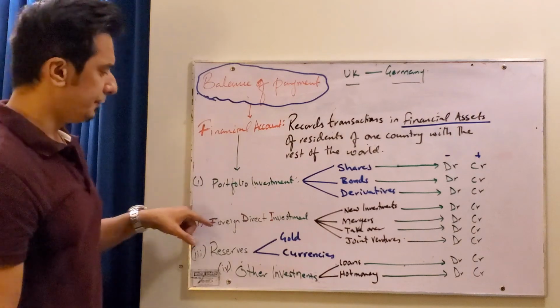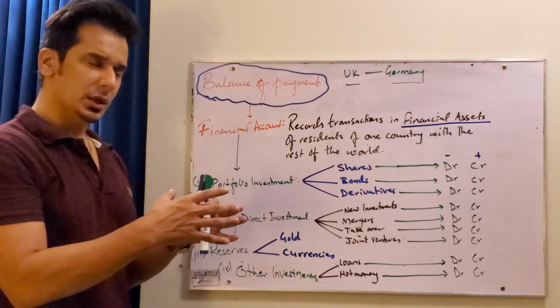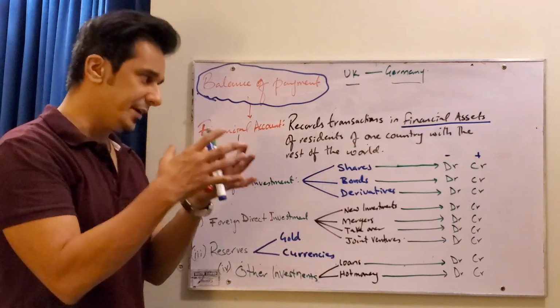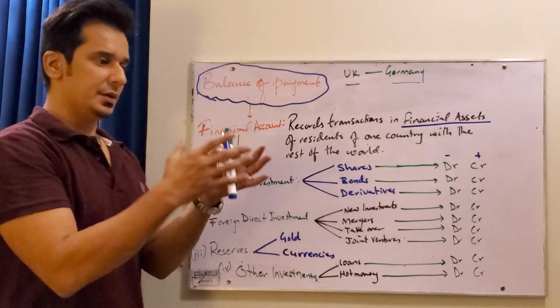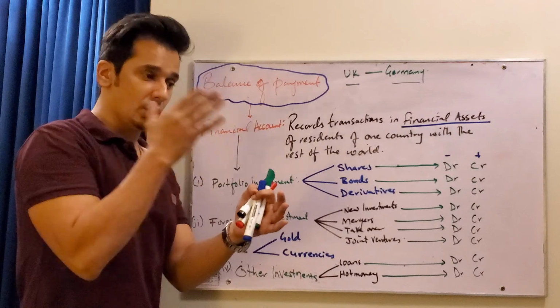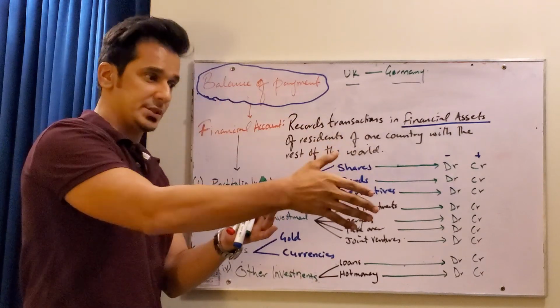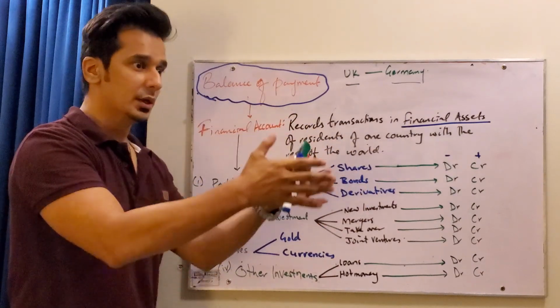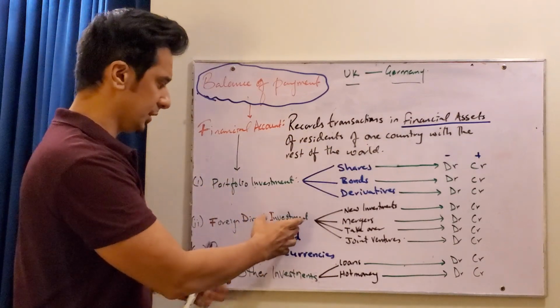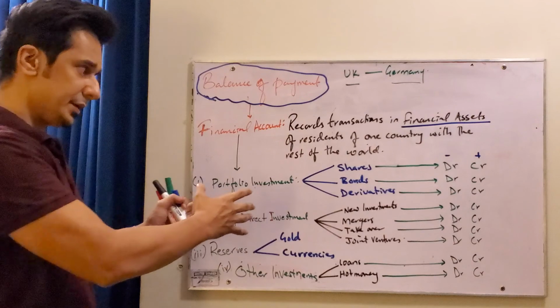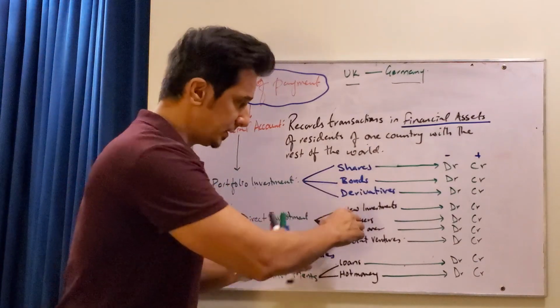Now, foreign direct investment is a huge amount of investment that allows the foreigner or the foreign firm to influence or control the company in which they are investing. This can be in the form of a totally new investment.